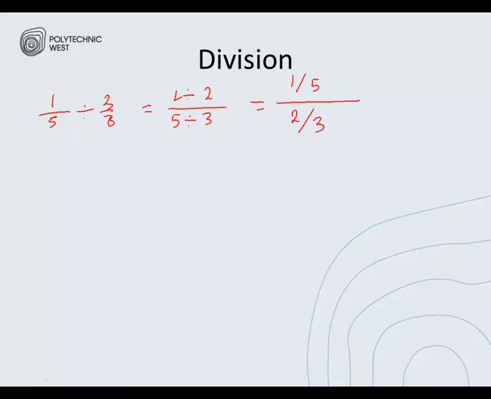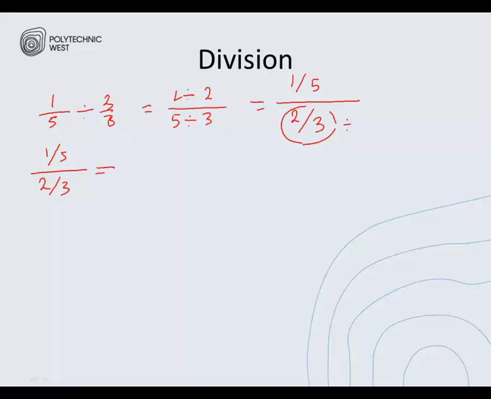Now here's a fun thing you can do. The thing underneath this thing is actually dividing. If we turn it upside down, it'll multiply. So I can rewrite this 1 over 5 divided by 2 over 3.